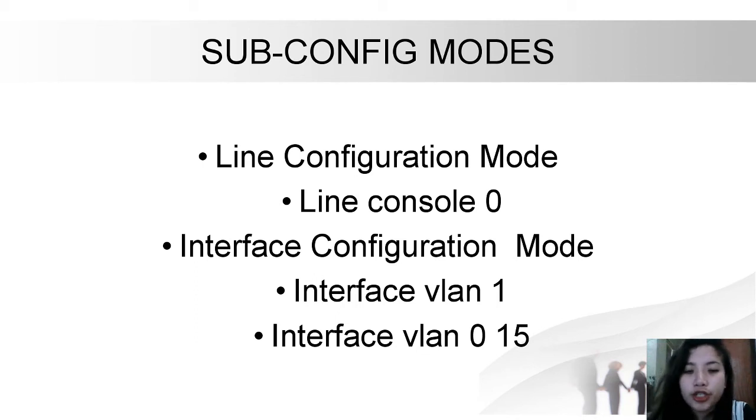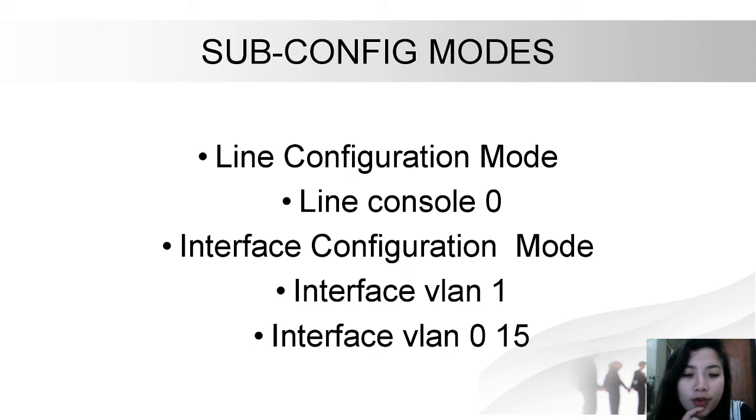Global configuration mode is accessed before other specific configuration modes. From global config mode, the user can enter different sub-configuration modes. Each of these modes allows the configuration of a particular part or function of the IOS device.